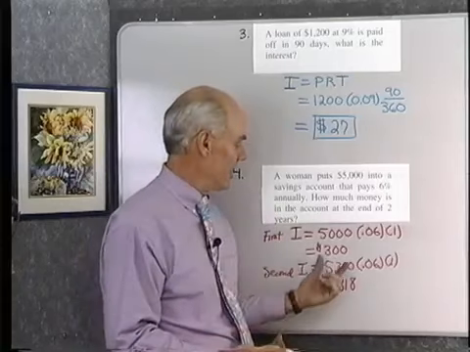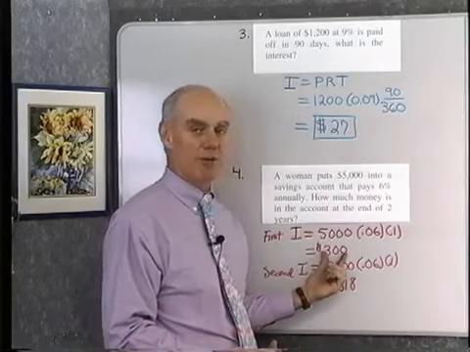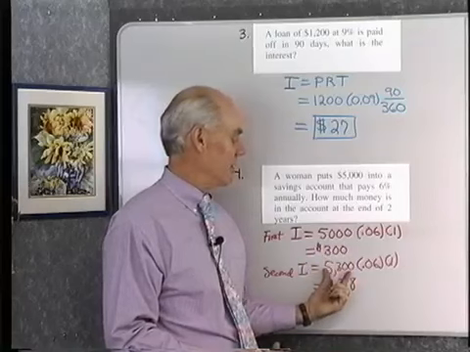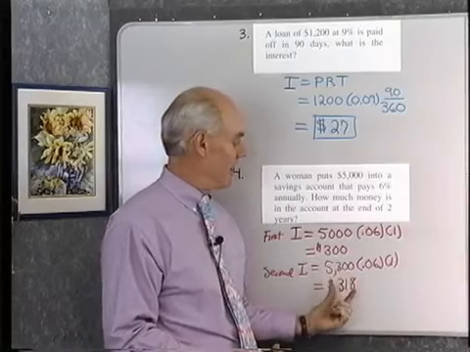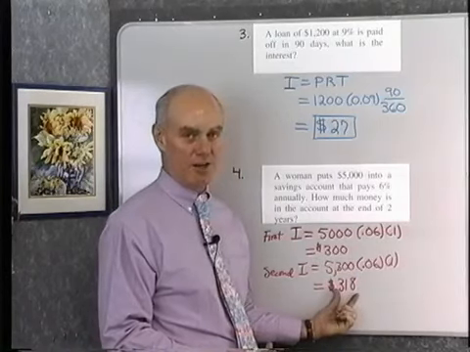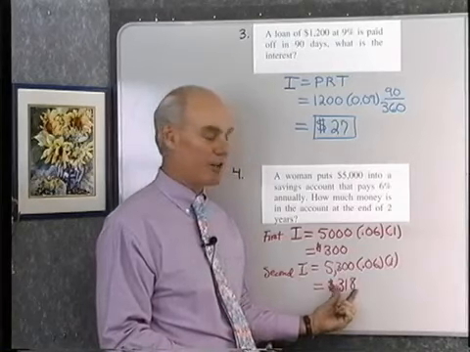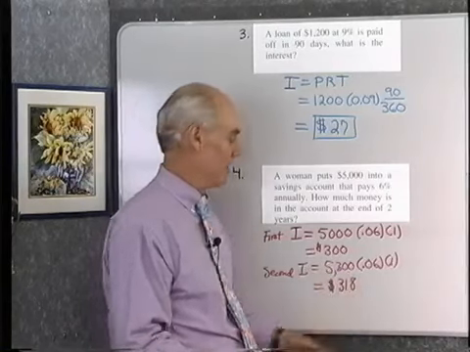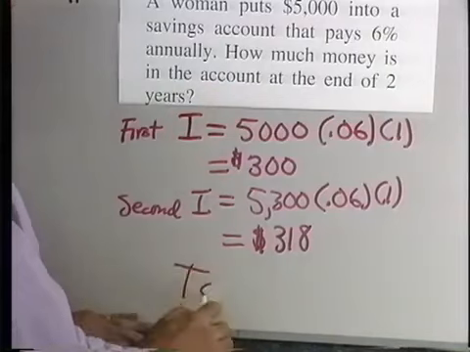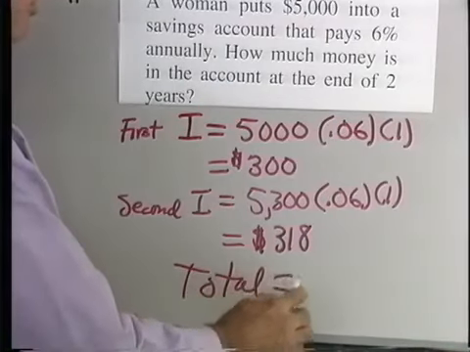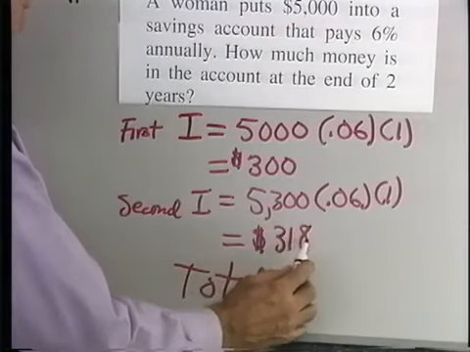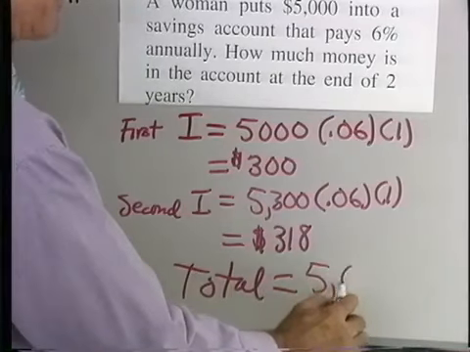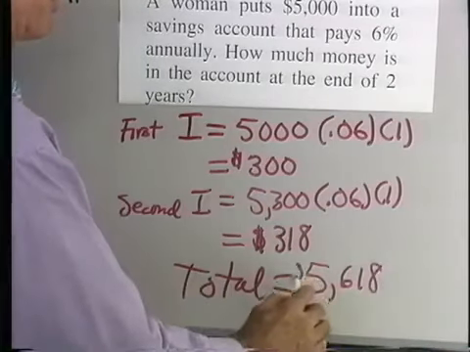So now I want to find the total amount of money in the account at the end of these 2 years. At the end of the first year, I had $300 that I earned in interest, so the amount in the account was $5,300. Now I earned another $318 in interest, so I have to add that on to the amount that I had at the beginning of the year. So I'm going to end up with a total of $5,300 plus $318, so $5,618.